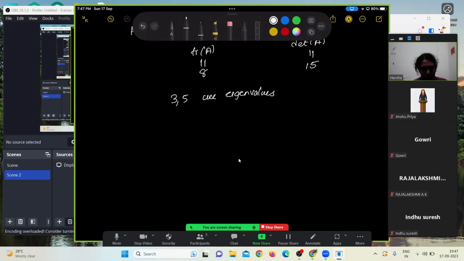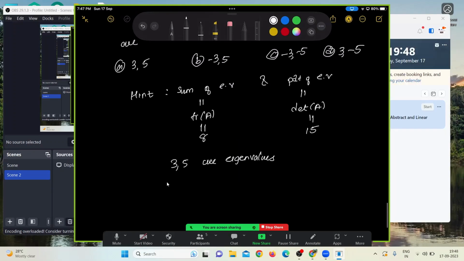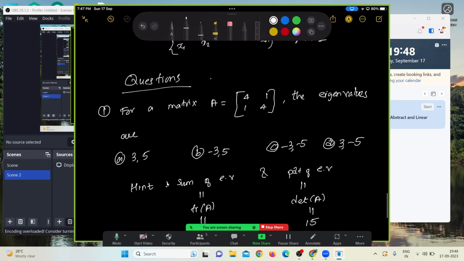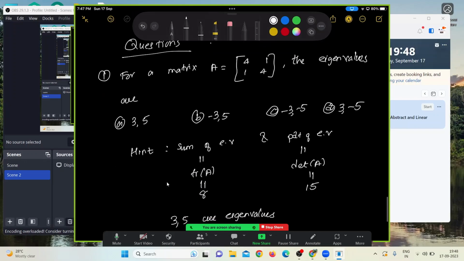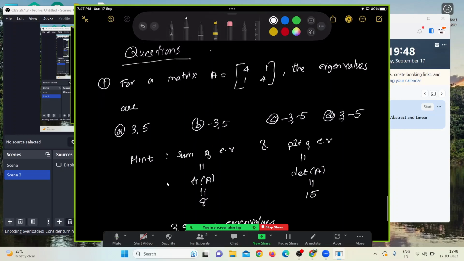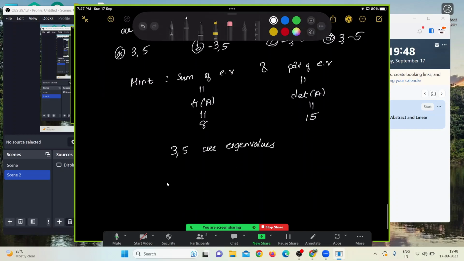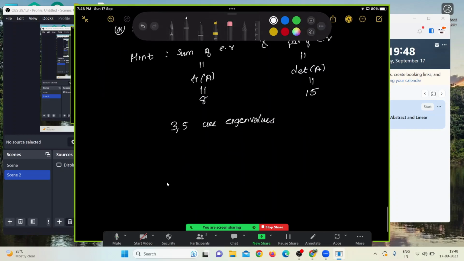Okay, let me proceed with this question. For this question, we will use the equation determinant of A minus lambda I equal to 0. We will solve the problem once so that you get to know how it comes. A is 4, 1, 1, 4.